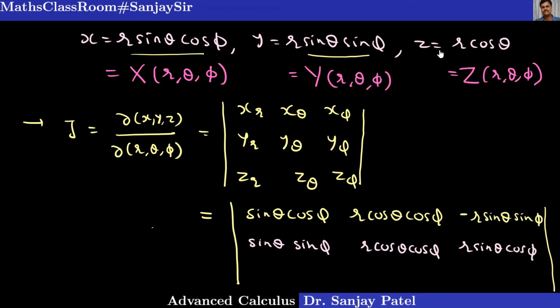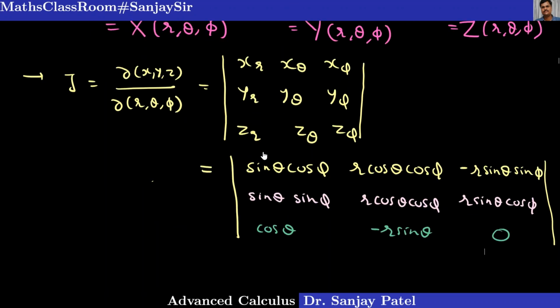And finally the derivative of z with respect to r, theta and phi. With respect to r, cos theta is constant, derivative of r is 1, so you will get z_r as cos theta. Derivative of z with respect to theta, derivative of cos theta is minus sin theta. So we'll get minus r sin theta here. And the last derivative, z_phi, is 0 because there is no phi here. So r and theta both are constants. So you will get this determinant.